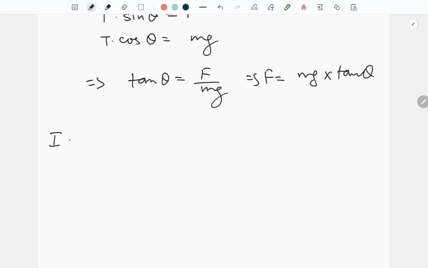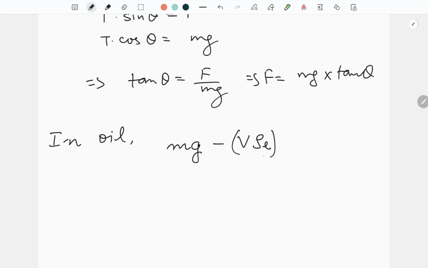See, in oil, the buoyant force will act on this sphere corresponding to the density of liquid.